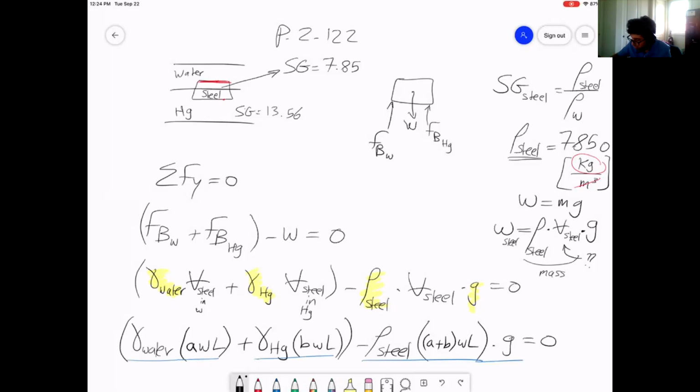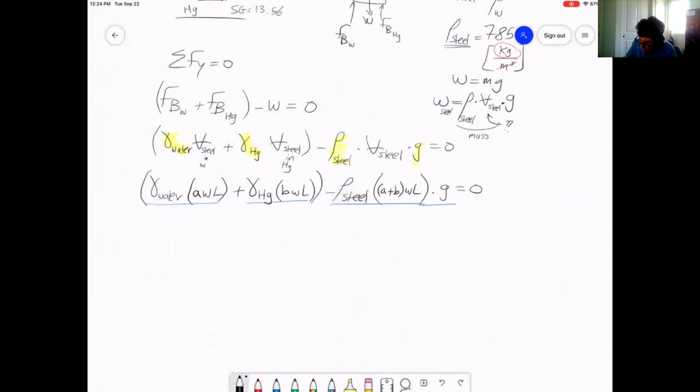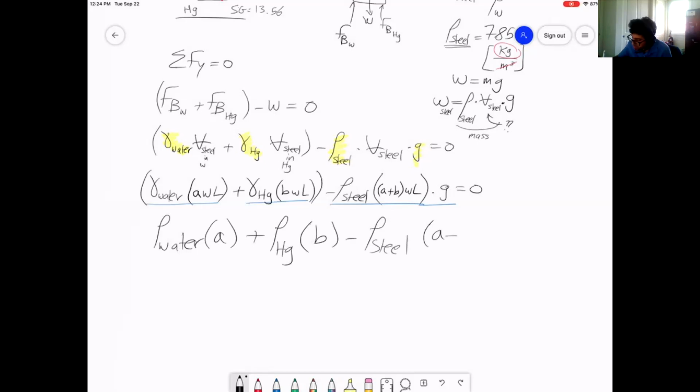So this is just density of water times A plus density of mercury times B minus density of steel times A plus B is equal to 0.